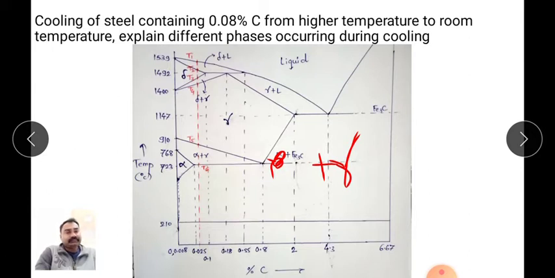When we move toward T2, at T2 the formation of delta ferrite is completed.